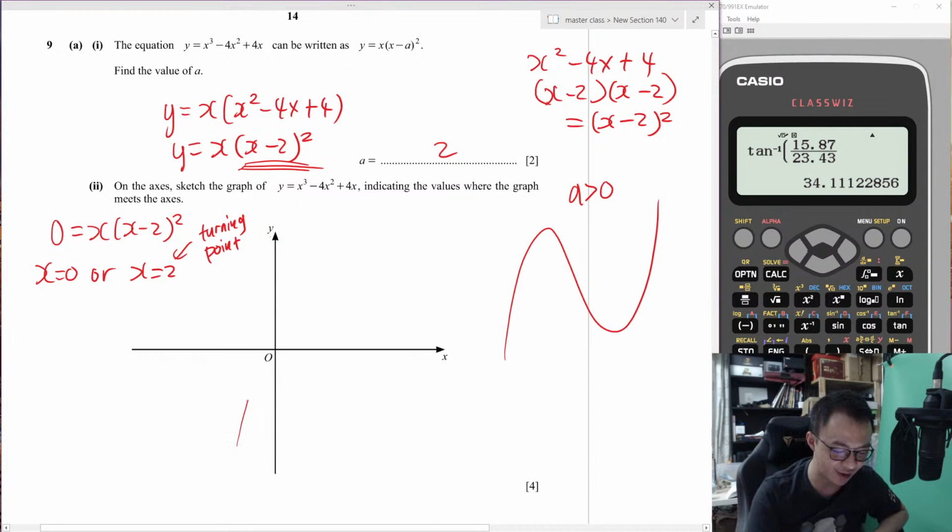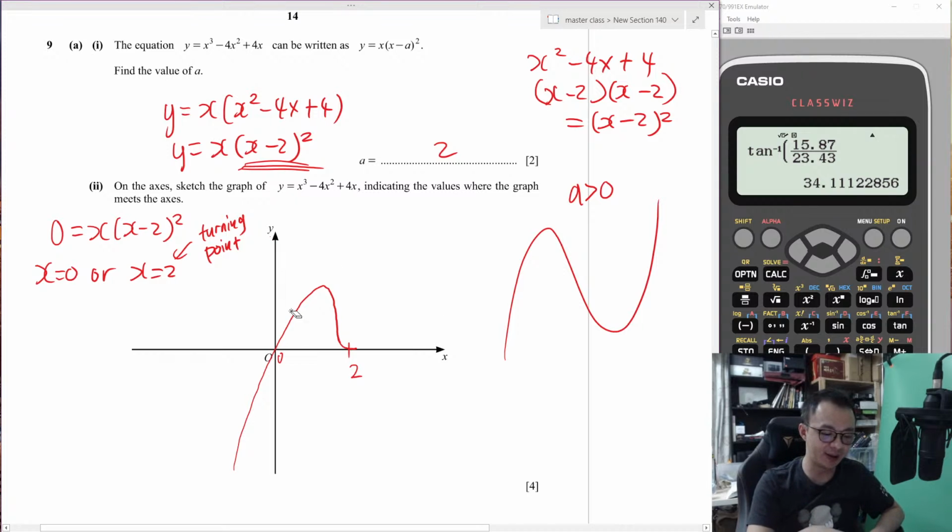Alright, this is always the case. So then I will just sketch the turning point at 2 here. I just do my best to do some nice turning point for you. Alright, this one at 0, nice. And this turning point will be 2. Okay, but maybe I can draw nicely a little bit.